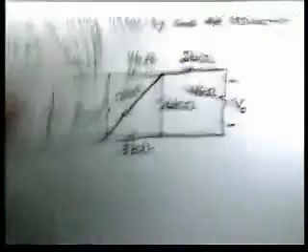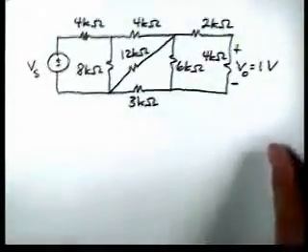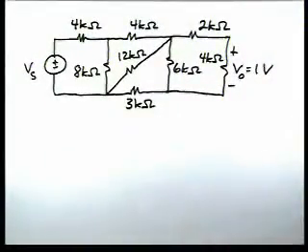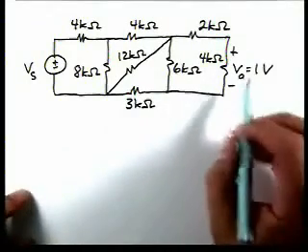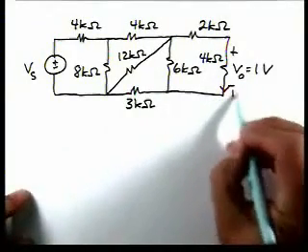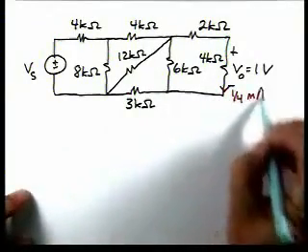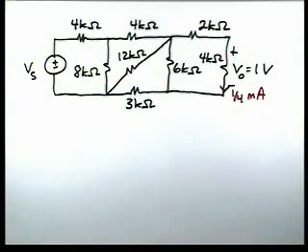So here's our circuit. Now what we've done is we've assumed that V0 is 1. We're going to work our way back to the input to find what Vs is. So let's start over here. We know this is 1 volt across 4K, so that tells us that this current is 1/4 of a milliamp.